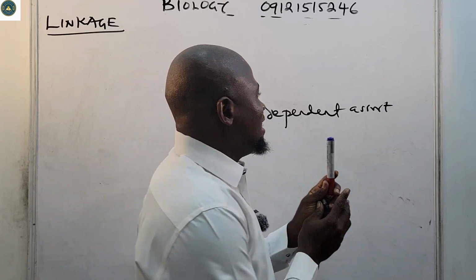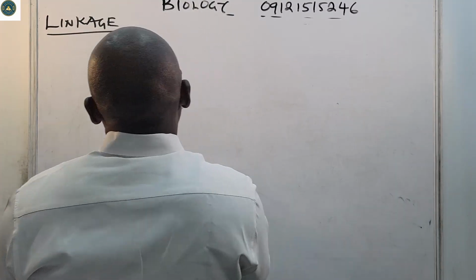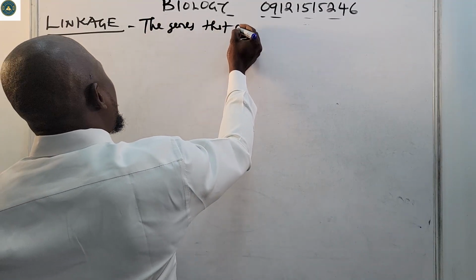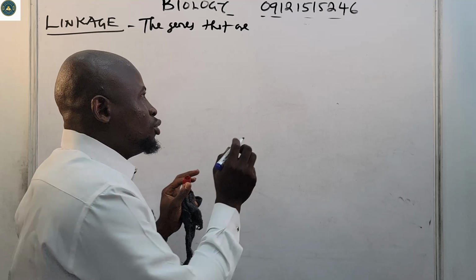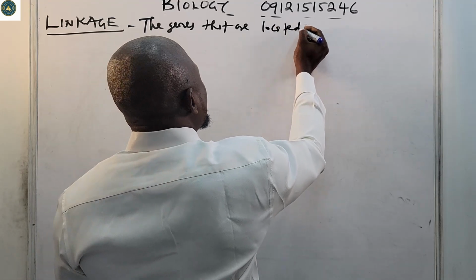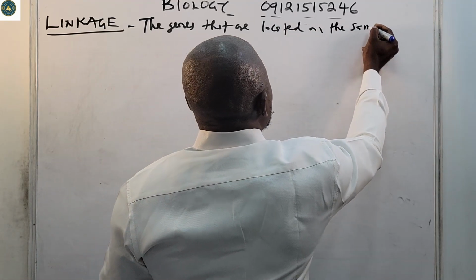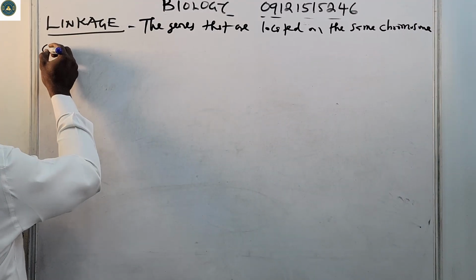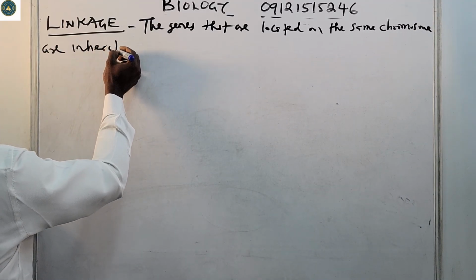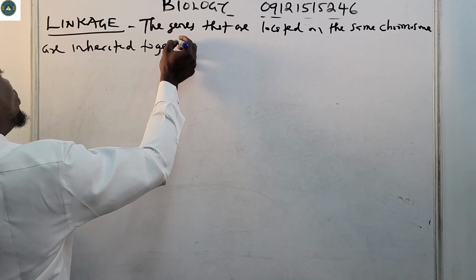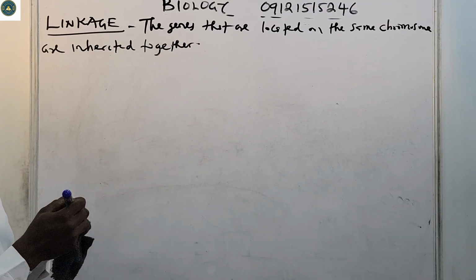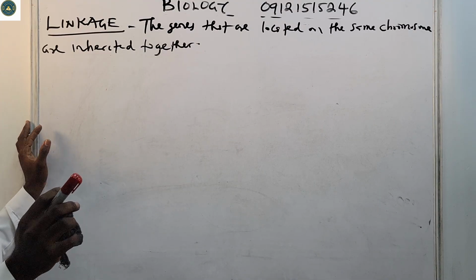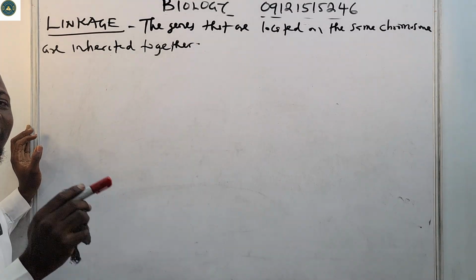Linkage is telling us that the genes that are located on the same chromosome are inherited together. The genes that are located on the same chromosomes will be inherited together.